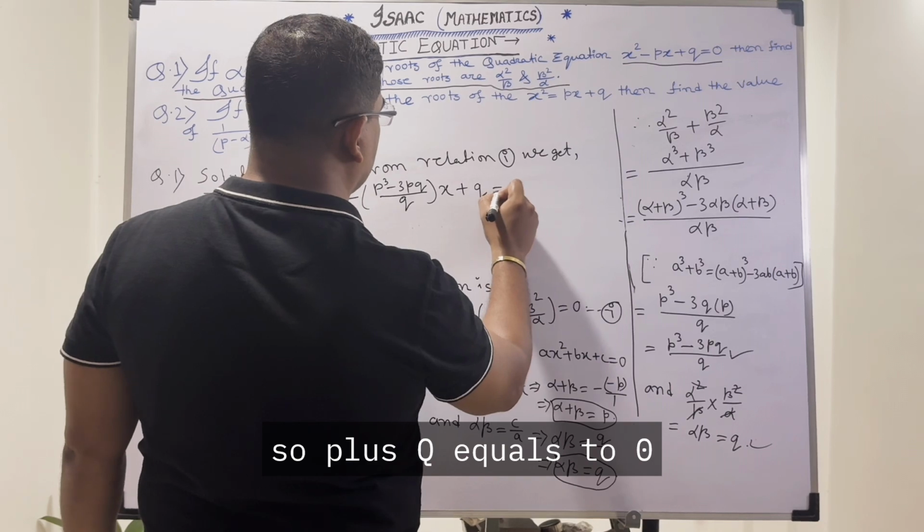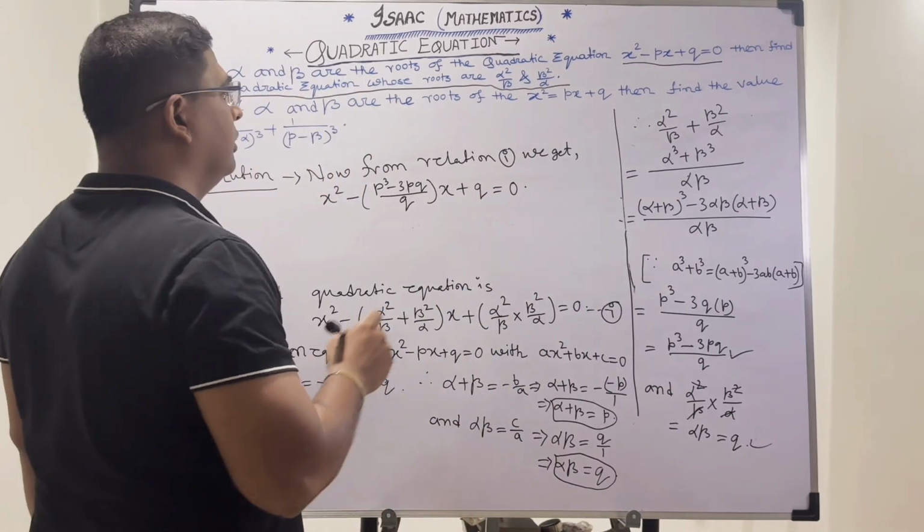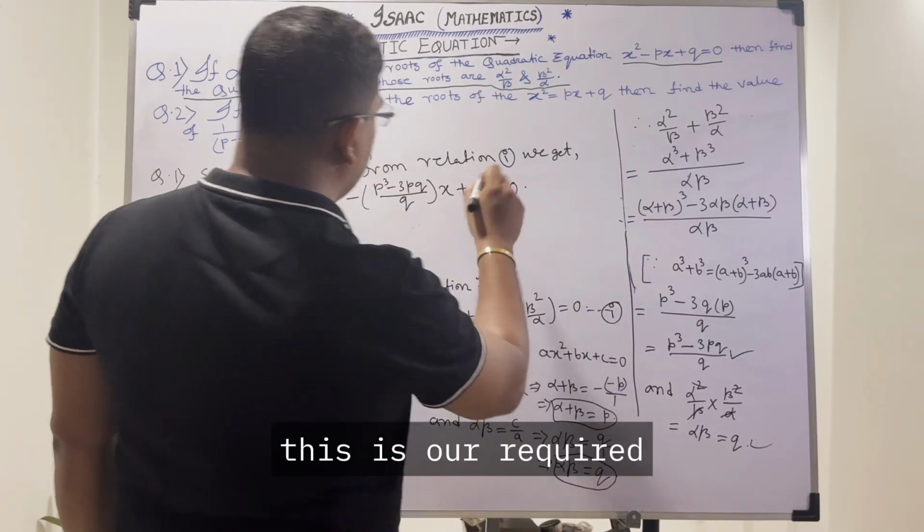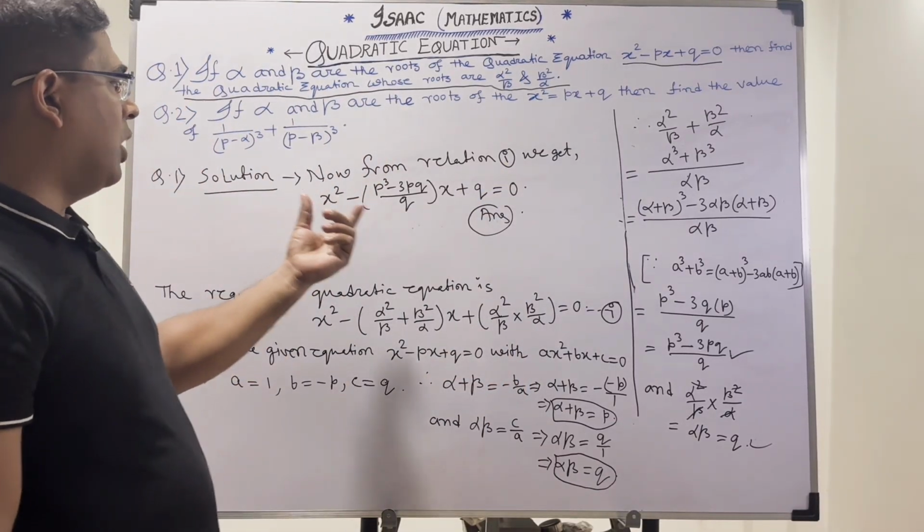So plus q equals 0. Okay. So this is our required quadratic equation.